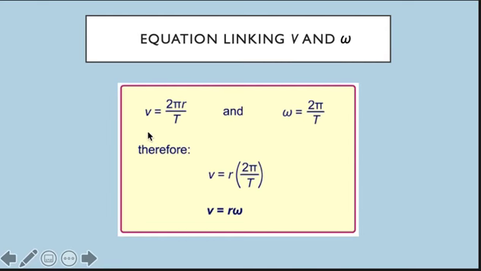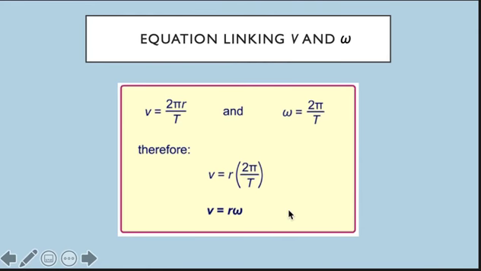So with these two equations we can link them together. We've said that our instantaneous velocity v is 2 pi r over T, and that omega is 2 pi over T. So we can put those together, and v would be equal to r times 2 pi over T. And if omega is 2 pi over T, then we can substitute omega for 2 pi over T, and we get an equation that links our instantaneous velocity v and our angular velocity omega.